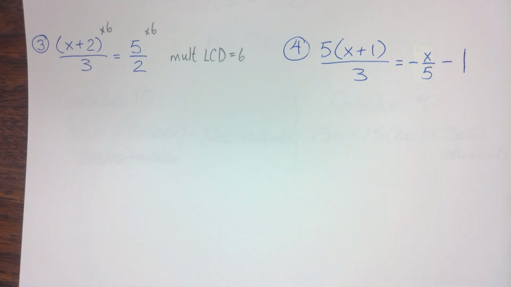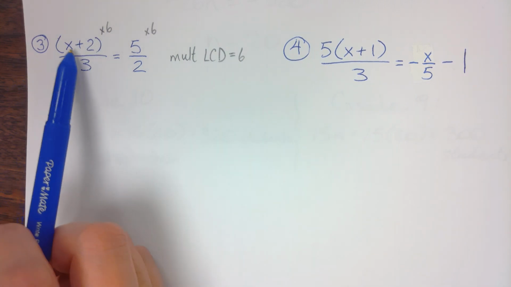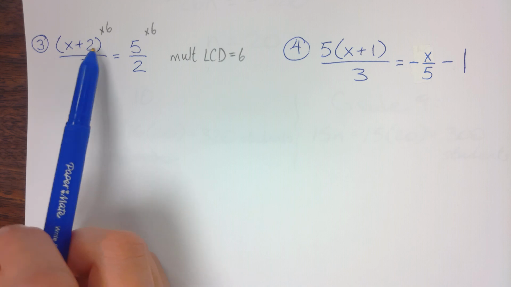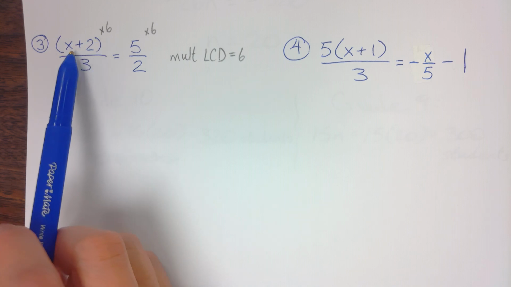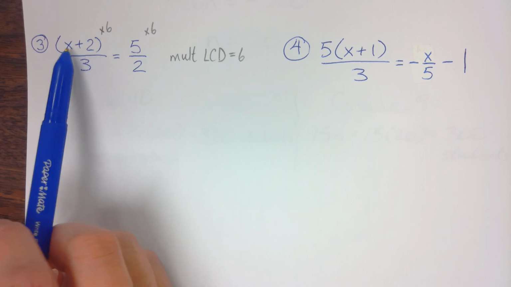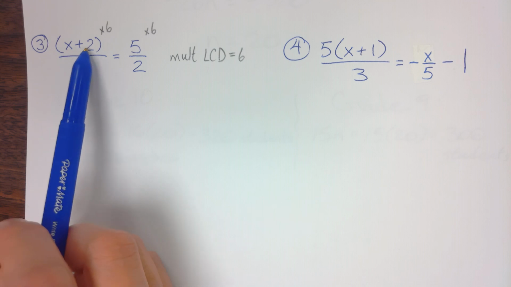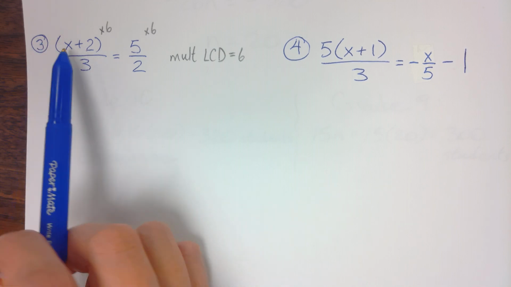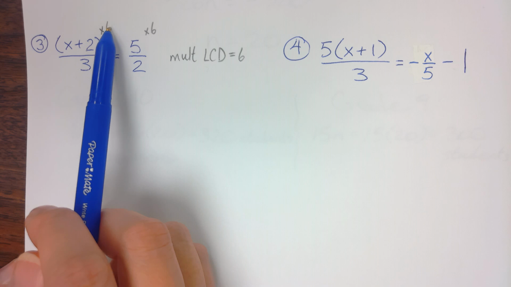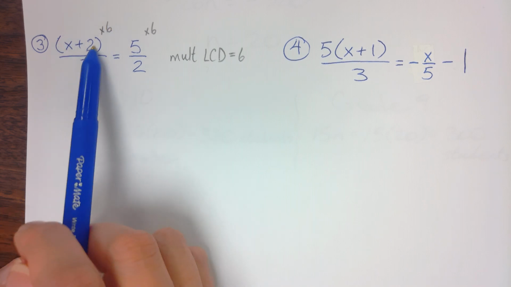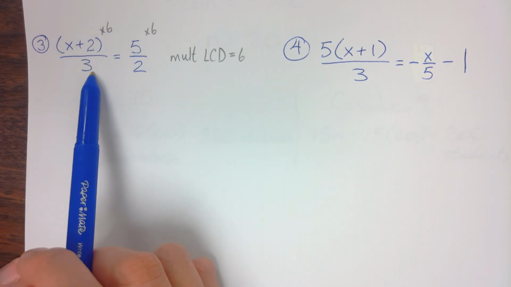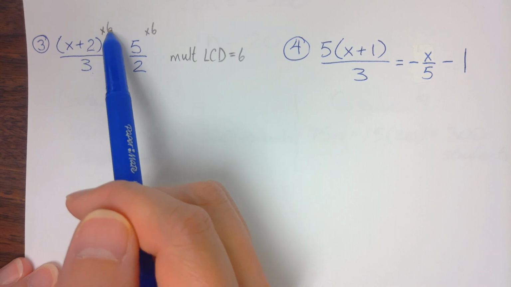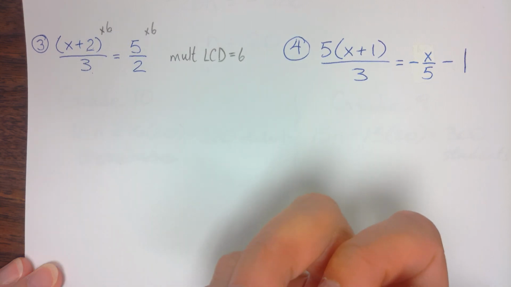Okay. So this part right here is a little tricky because there's an x plus 2 in the numerator. So I'm basically doing 6 times my whole bracket divided by 3. What is 6 divided by 3? 2.